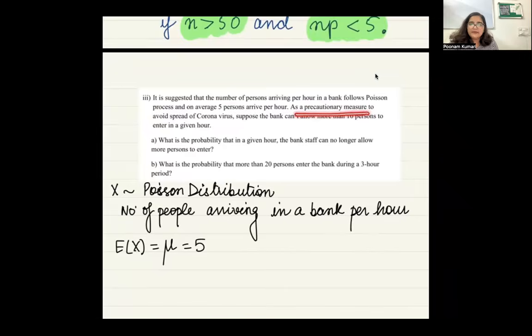As a precautionary measure to avoid the spread of coronavirus, suppose that the bank cannot allow more than 10 people to enter in a given hour. So you know, this particular question came during your COVID times, when the university conducted online papers.